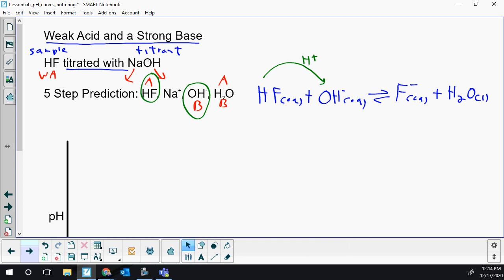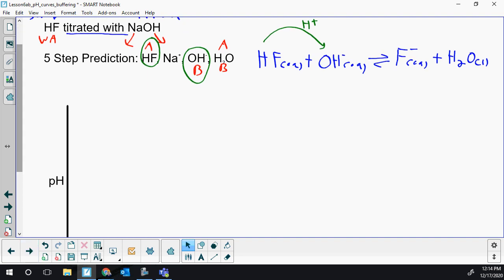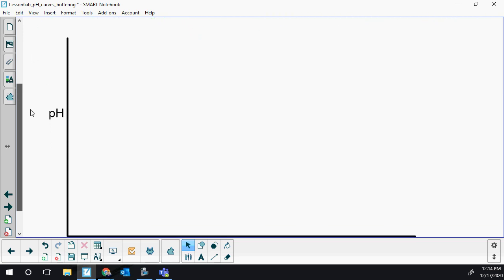Now, we need to figure out what happens with this pH curve. We don't have an equivalence point at 7, and that's the biggest skill that I'm trying to teach you right now. I'm just going to move that pH curve up a little bit so you can still see the reaction when I'm drawing it out.